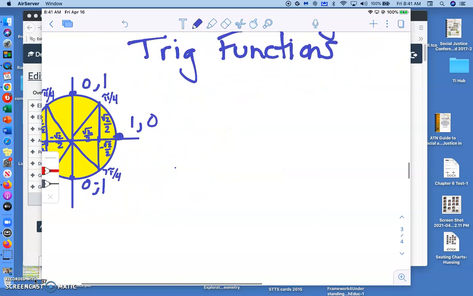So then we started graphing these, and so let's take a look at the sine first. If we started at 0 degrees, our sine is at 0, so we put a dot there.